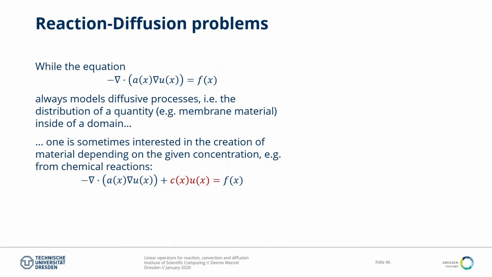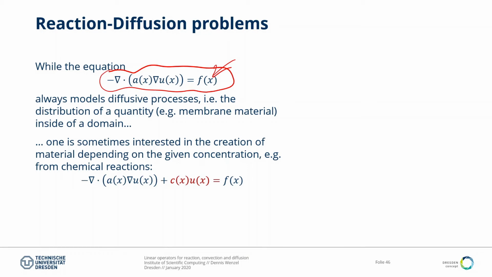So if at this point here you wanted to add some quantity, you had to put it in externally. So if you think about chemical reactions, so you're in some kind of reactor, then you need to externally put material in there if you want to use F. But sometimes this is not the case. Sometimes it's going the other way, that the quantity U creates itself using chemical reactions.